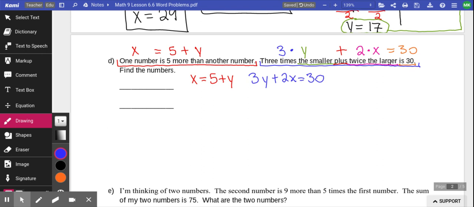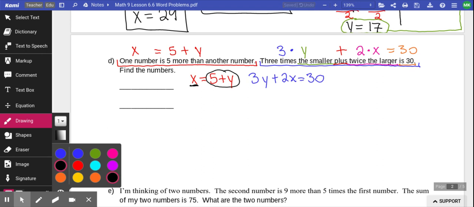I had 2 different sentences. I have 2 missing letters. So that means I have 2 equations, which I have, right? I have a red equation and a blue equation. My goal is to somehow substitute one of the equations into the other. If I look at the first one, it says x equals 5 plus y. That means this x should also equal 5 plus y.